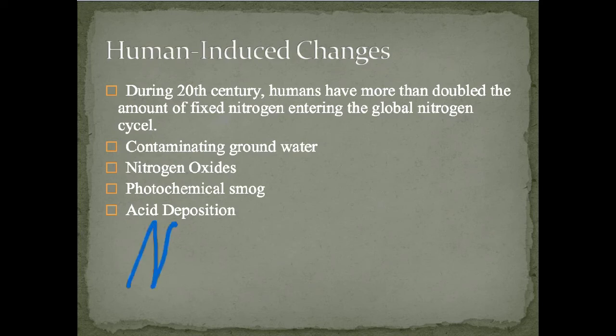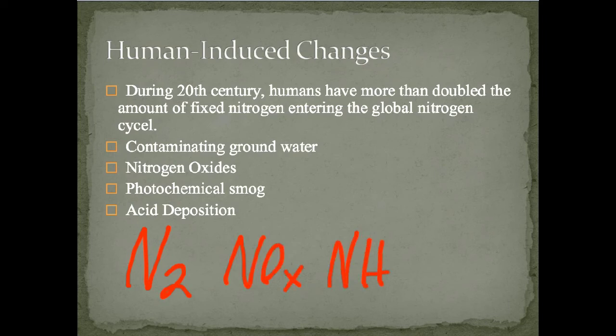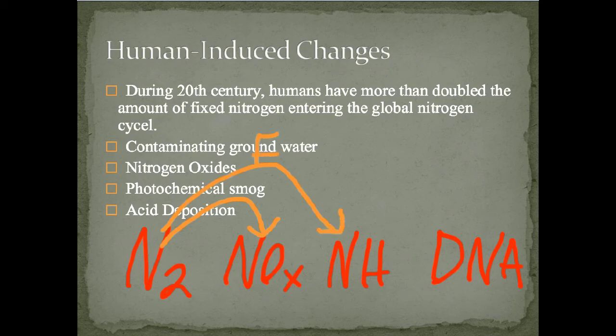We have nitrogen gas, nitrogen oxides, ammonias, and nitrogen in our proteins and DNA. So when you go from nitrogen gas to either nitrates or ammonias, you have nitrogen fixation.